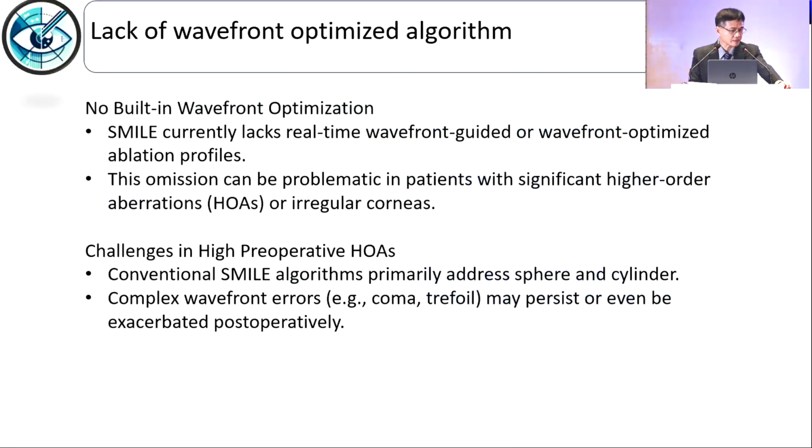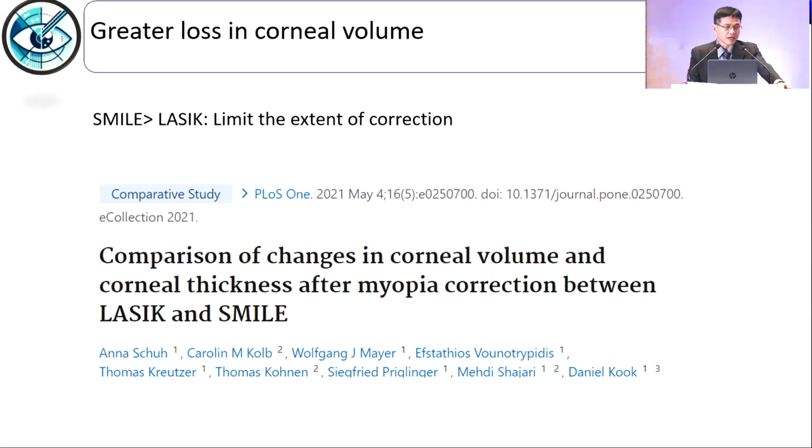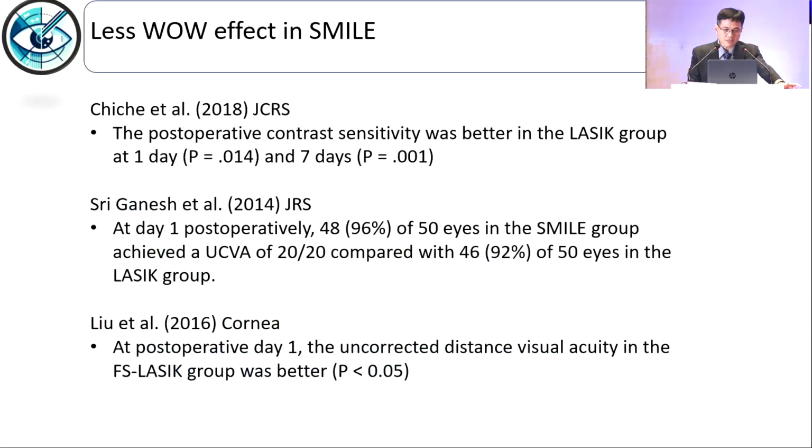Also, because there is no built-in wavefront optimization, the SMILE procedure may be problematic with significant high-order aberrations on irregular corneas. Studies also indicated greater loss in corneal volume, which would limit the extent of correction in SMILE patients. And less wall effect as compared to LASIK has been pointed out after surgery.